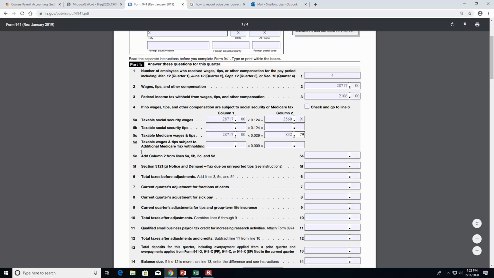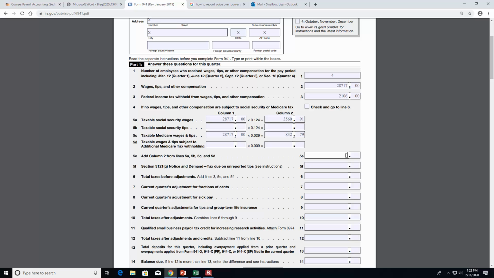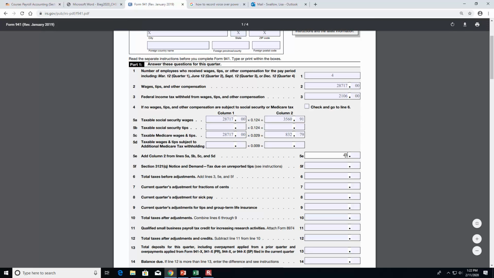And then just follow the directions. Add column 2 from lines 5A, 5B, 5C, and 5D, and then carry it down to line 6.